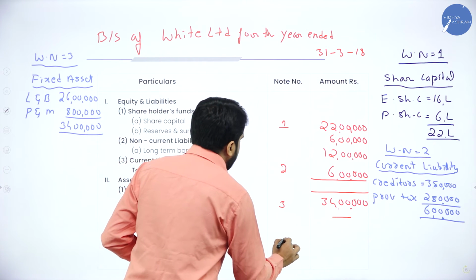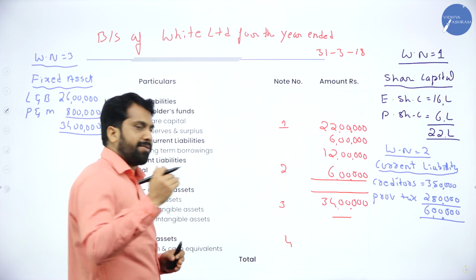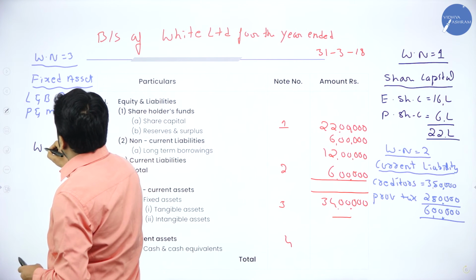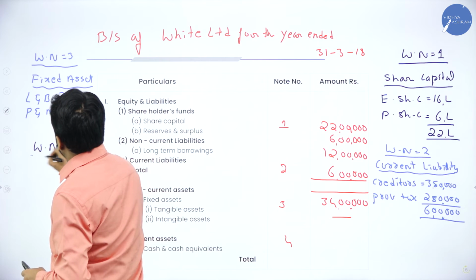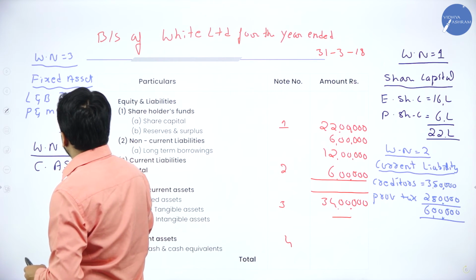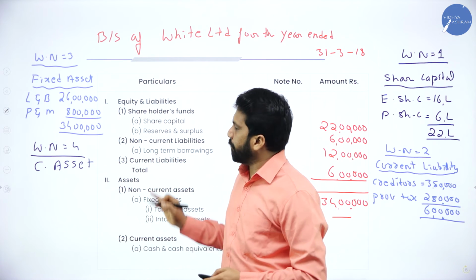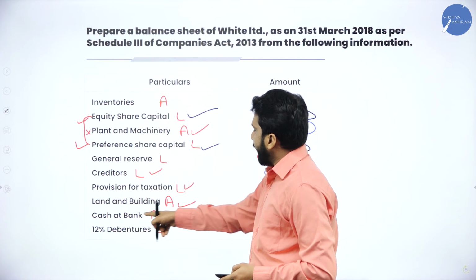So it will be working note number 4. We'll do working note and we'll write down the answer. Working note number 4, current asset. In this, what are the current assets we have? We'll check that. We have cash at bank.